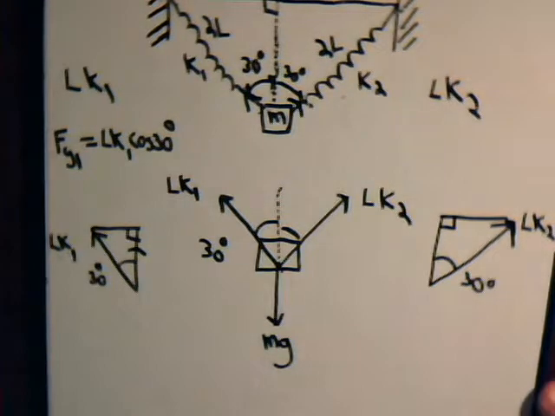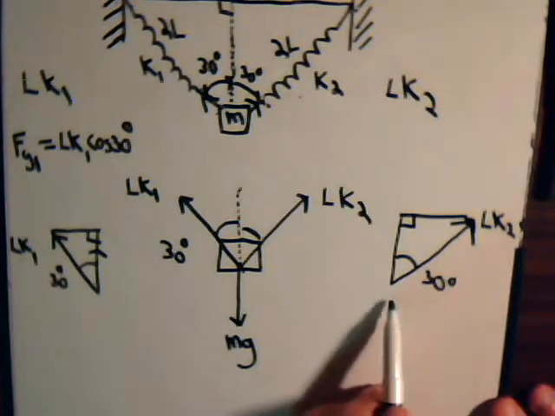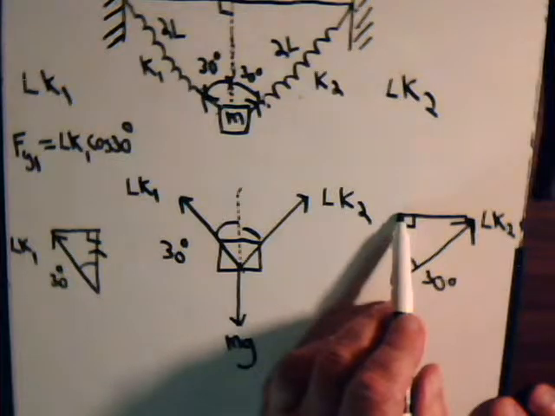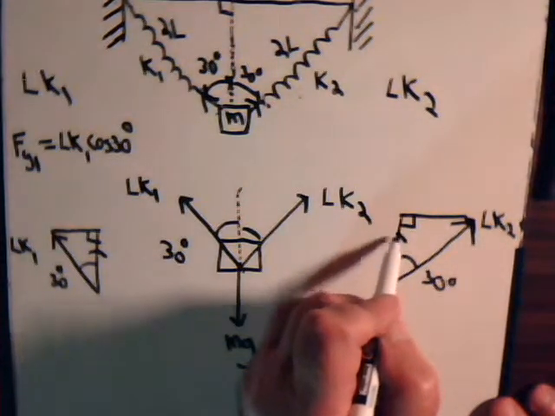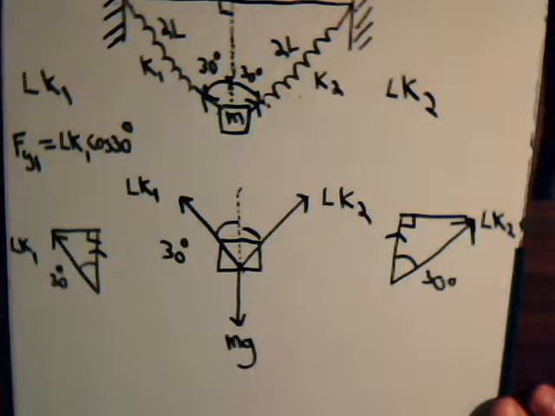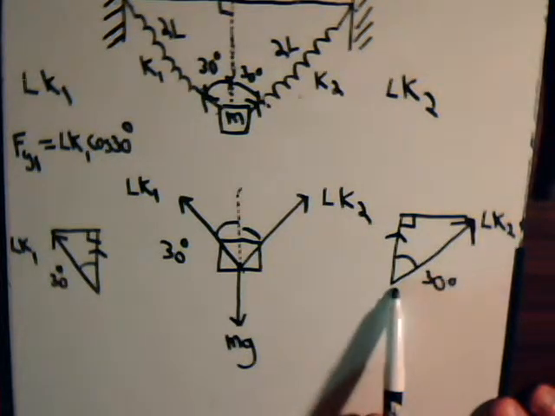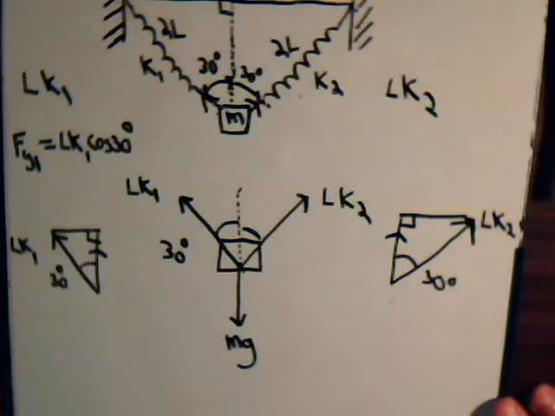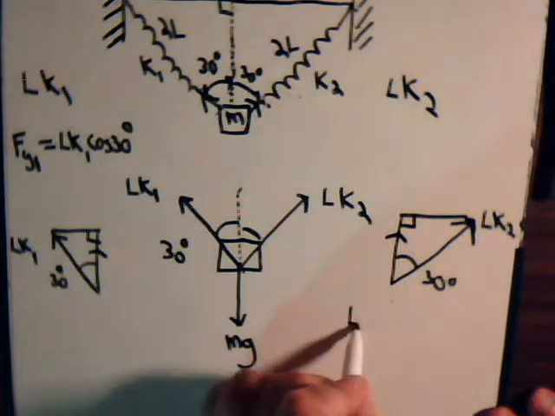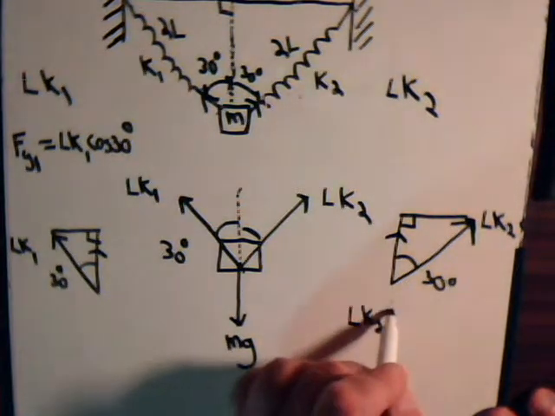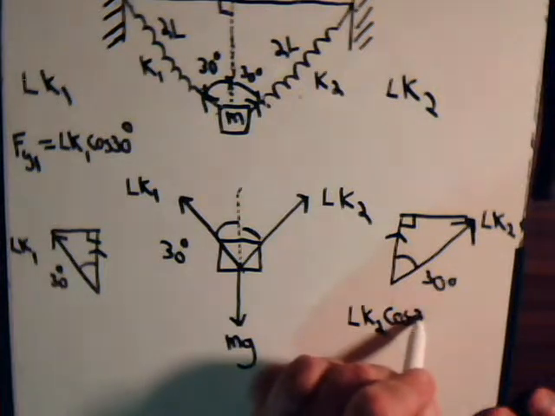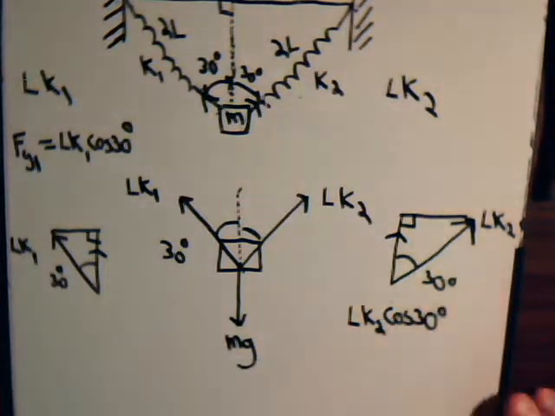And we want to know what will be this force. And clearly that will be going up like this. And that will be equal to the magnitude of the hypotenuse, again, times the cosine of 30 degrees. So you have LK2 times cosine of 30 degrees.